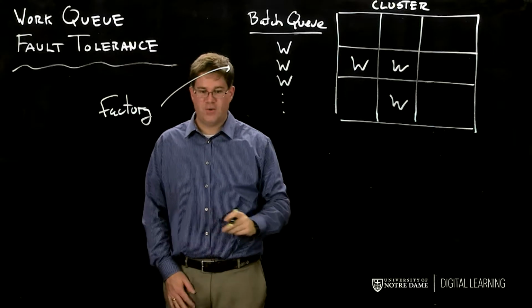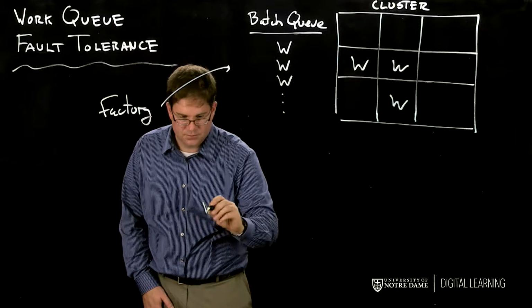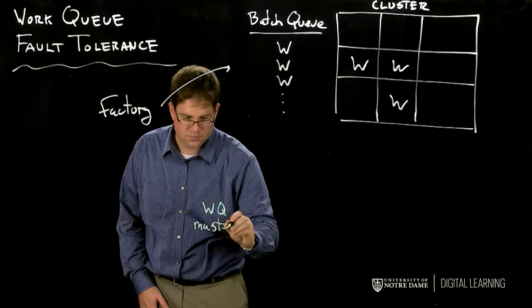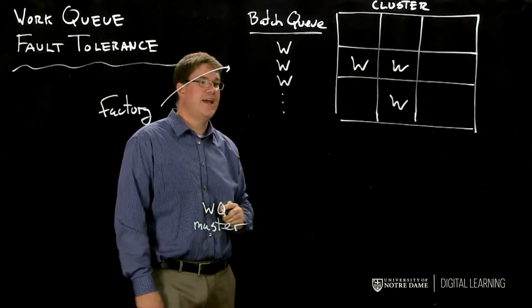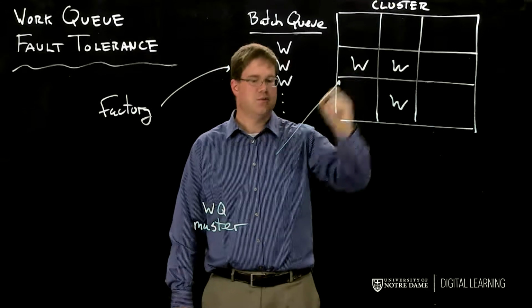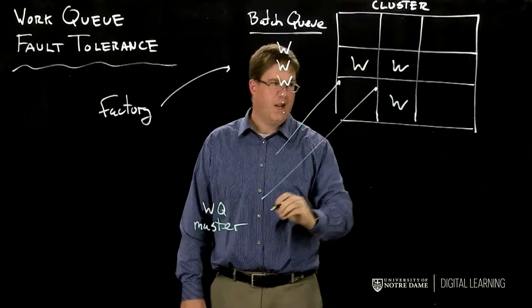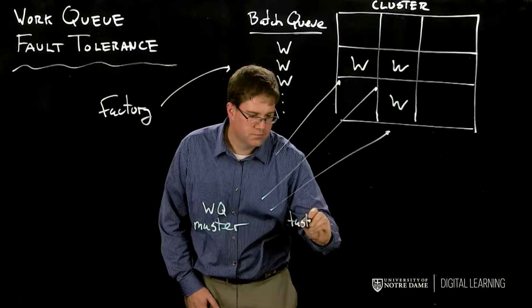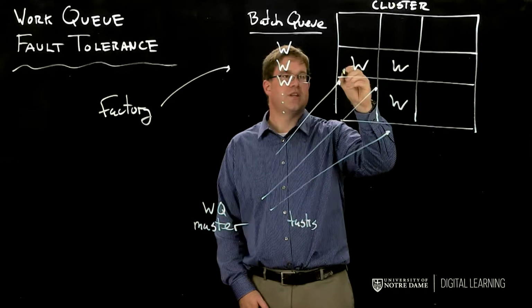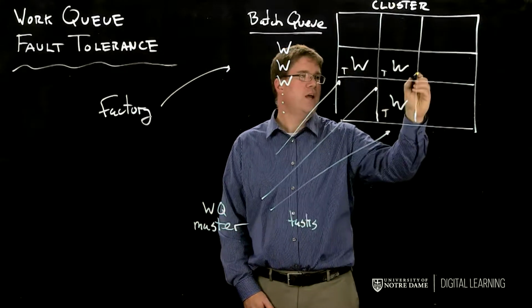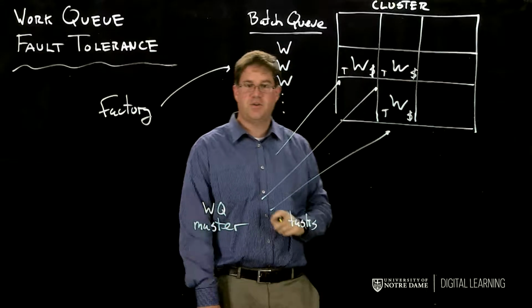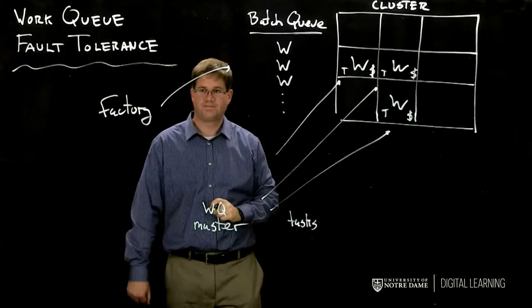And then over here we have a Work Queue master that is communicating with these workers and sending them the tasks that need to run so that they run over here. And also there's some data that gets cached over here at these workers so those tasks can run efficiently.